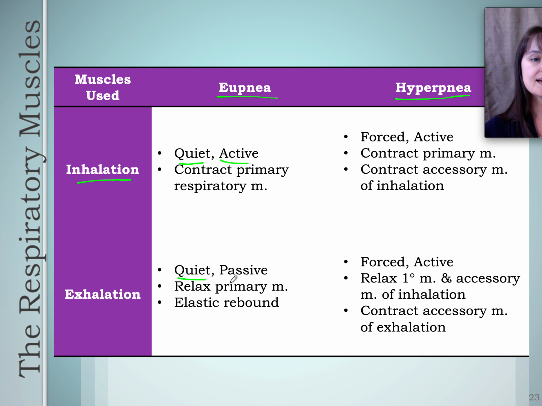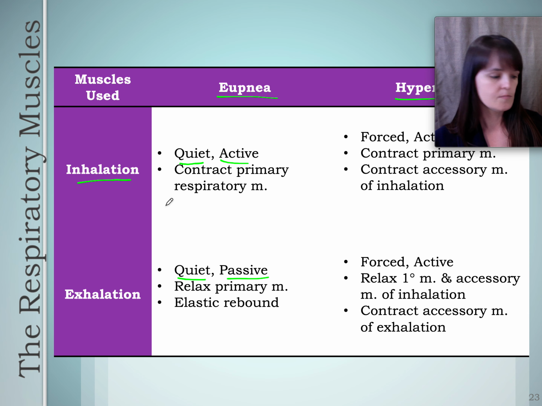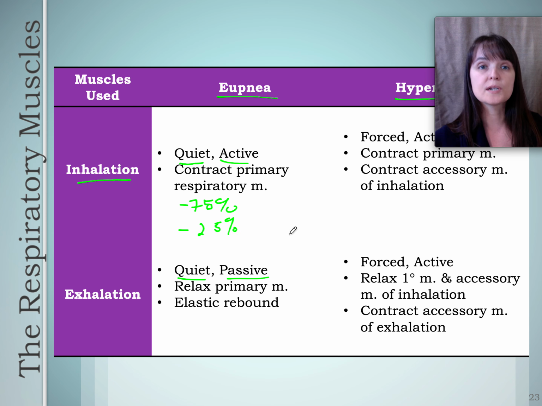Inhalation is active and exhalation is passive, as we just said. And to do this, you contract the primary respiratory muscles. Those are also called the primary muscles of inspiration. That includes the diaphragm, which is 75%, and the external intercostals are the other 25%. So those are the two primary muscles of inspiration, or the primary respiratory muscles, same difference.